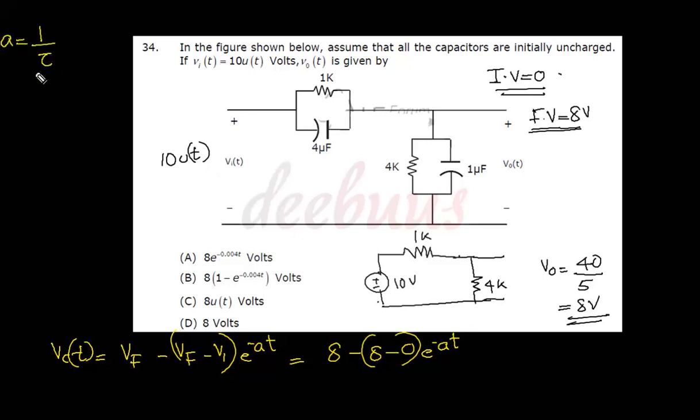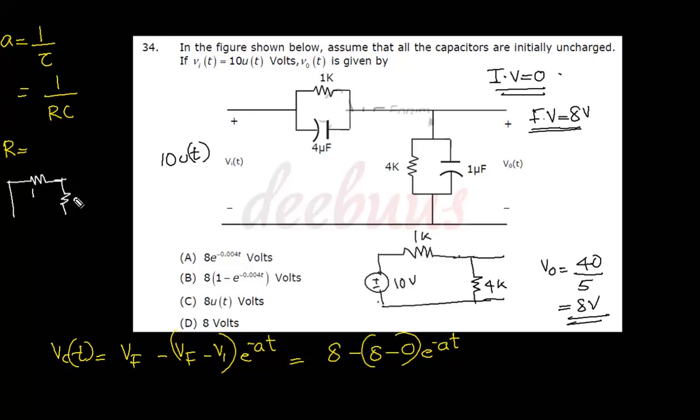A is 1 by the time constant, and here this is basically an RC combination. So 1 by RC. For that, we have to evaluate what is R. For evaluating R, we have to deactivate the voltage source, that is, we have to short circuit it, and a resistance of 1 kilo ohm is here. Next, the capacitor is also deactivated at this moment for calculating the resistance value.